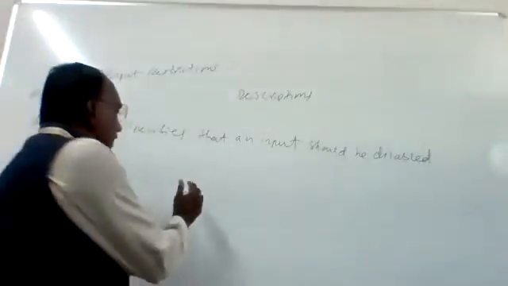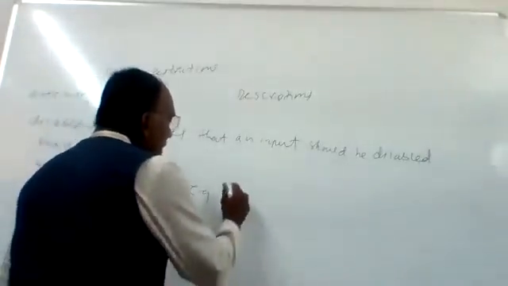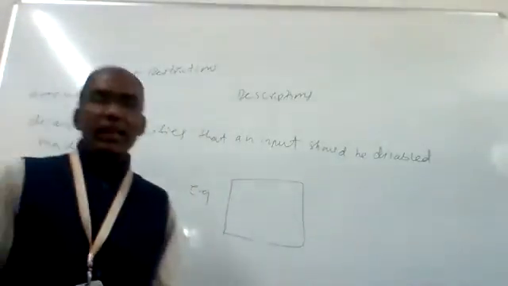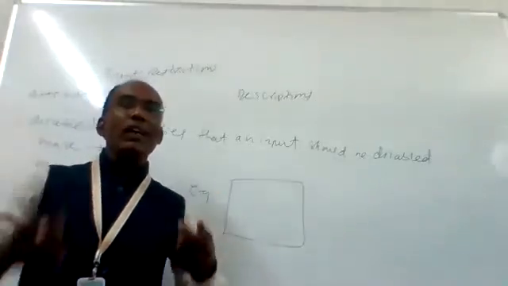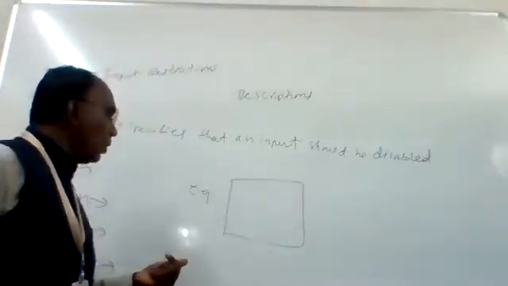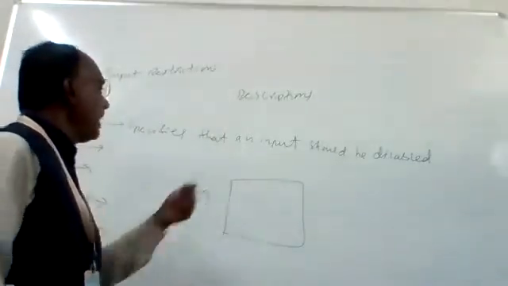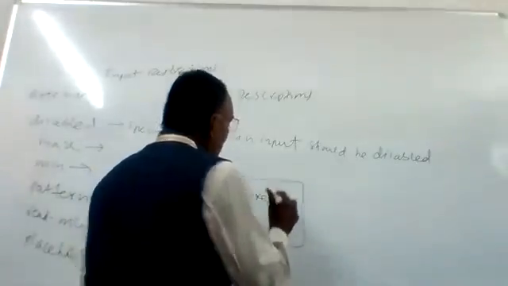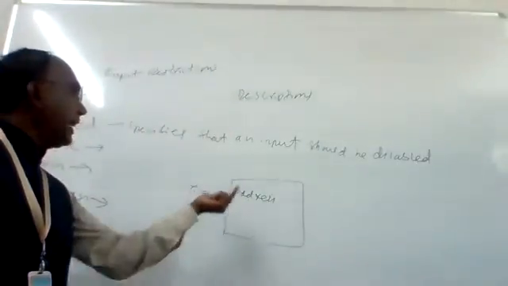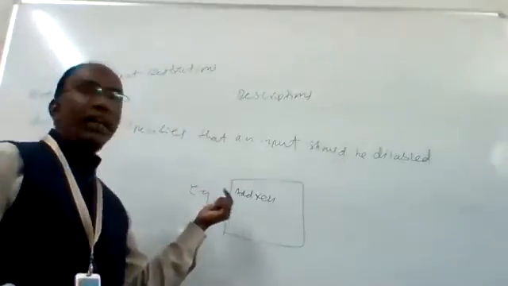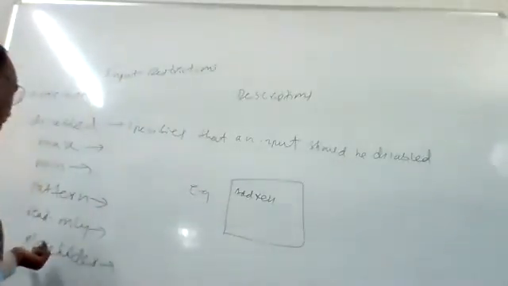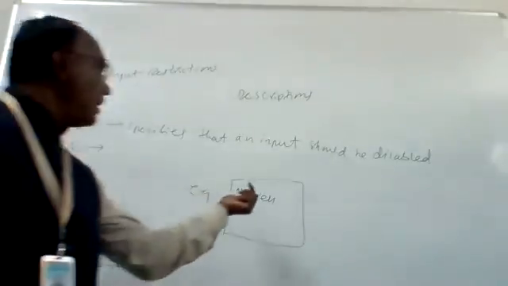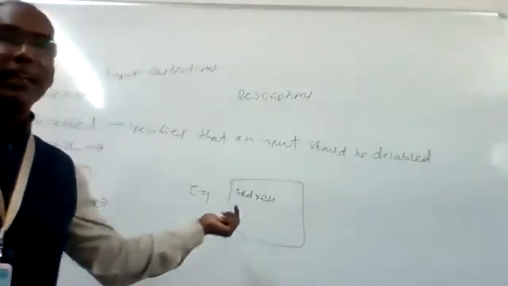For example, this is my text box. If I want the user to input an address, temporarily I can use the attribute placeholder and display here, address.